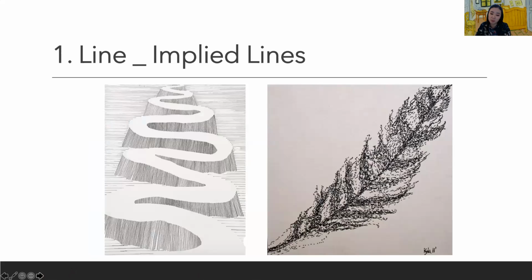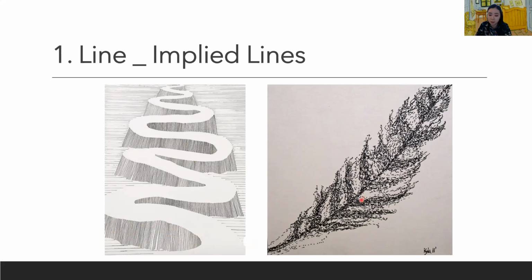And here's another example of implied lines. On the left drawing, there is no defined line following this road, right? There's no defined line at all. However, we can imagine there is a road by the vertical lines, which are supporting the road shape.